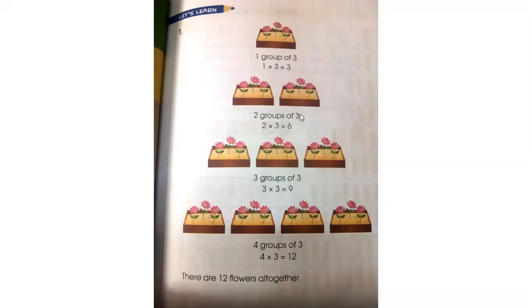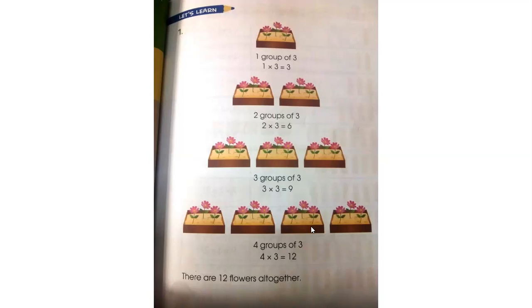Now 3 means one group is being added each time. 3 groups, and each group contains 3 flowers. 3 into 3, 9.